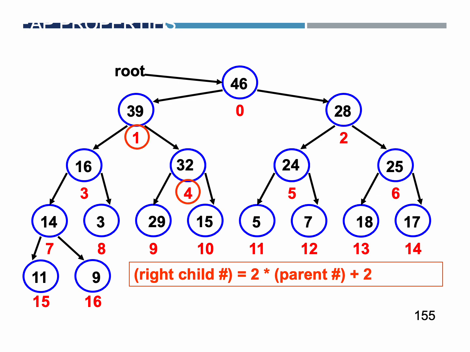Similarly, 1 into 2 means 2, and then add 2, which is 4, is the index of the right child of 39. Again, 7 into 2 means 14, and then add 2, which is 16. That's the right child index value.